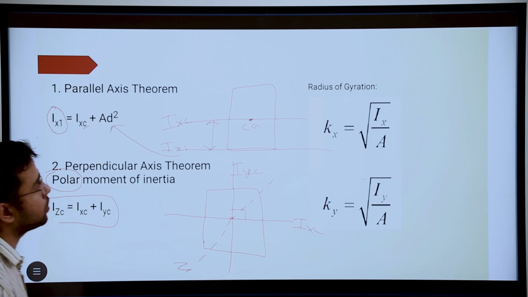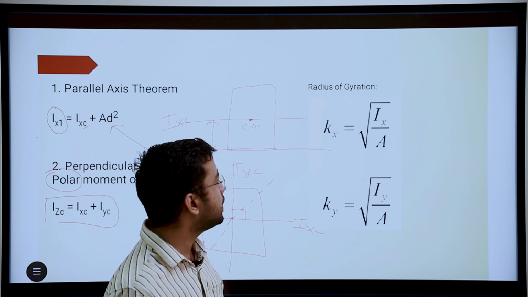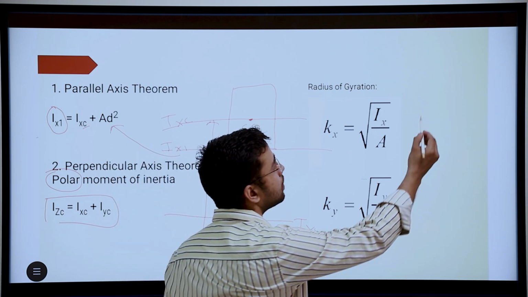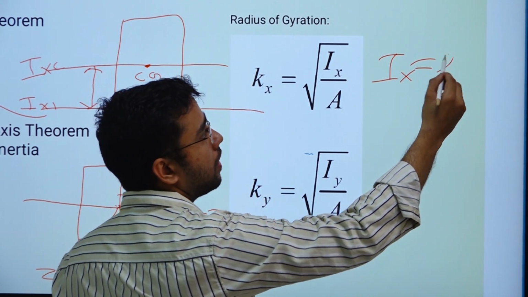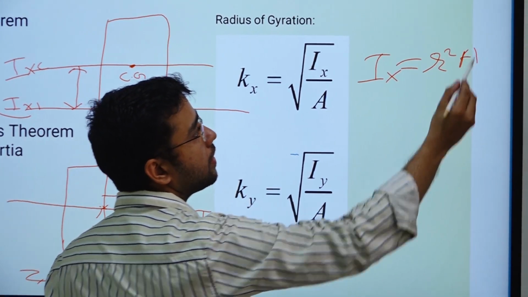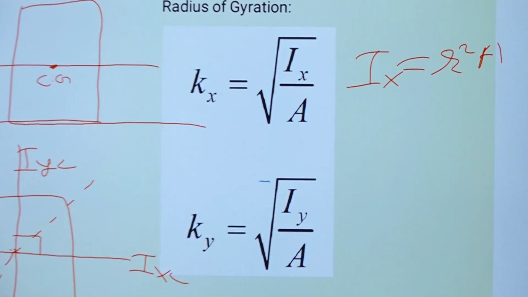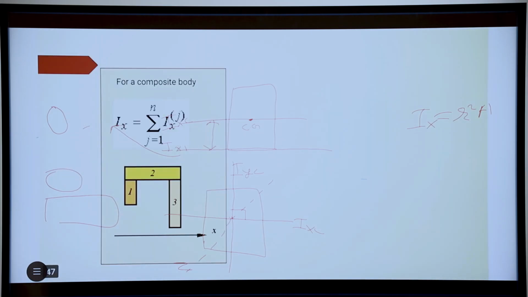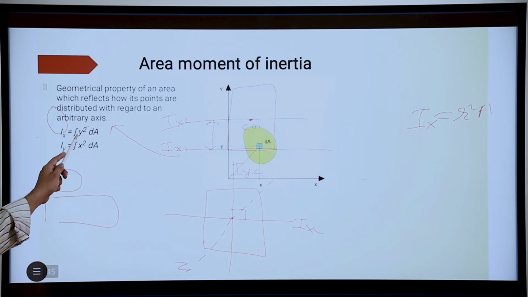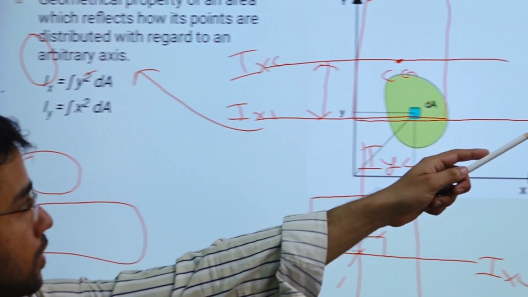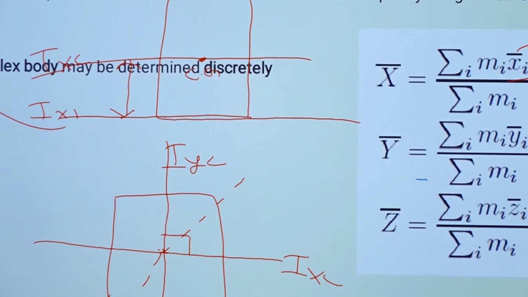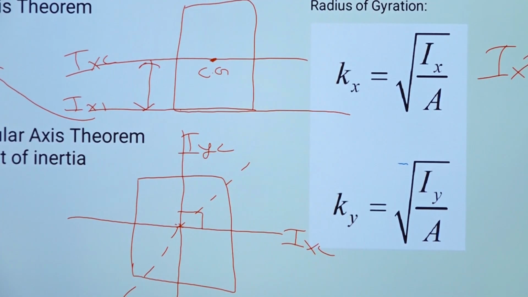Now let us see what the radius of gyration is. Normally the formula of any inertia is r square A, as you can see in the previous case, y square dA. So y square dA can be written as r square A, if everything is constant.